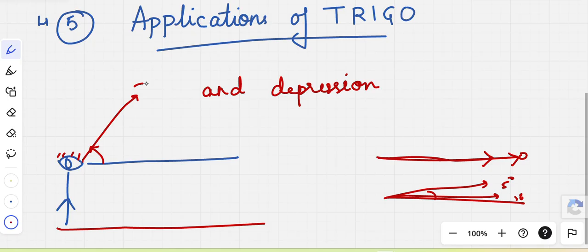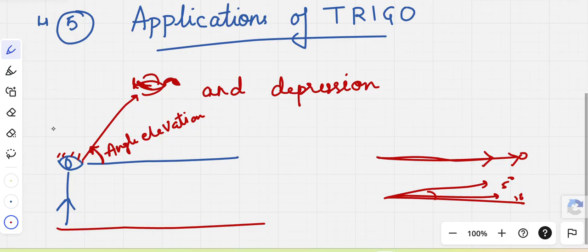So the object is here. Suppose it's a bird. I'm looking at the bird. First, I was looking straight, opened my eyelid up, and I'm looking at the bird. So, this is my angle of elevation. Elevated, looking up. Elevation is upwards. Remember that. Okay?